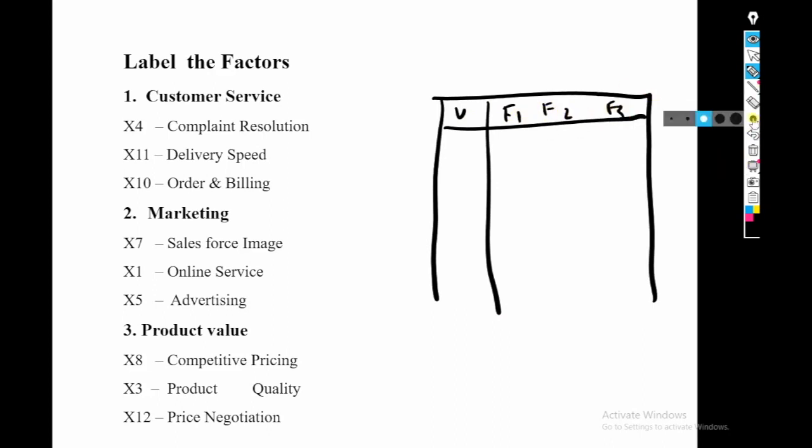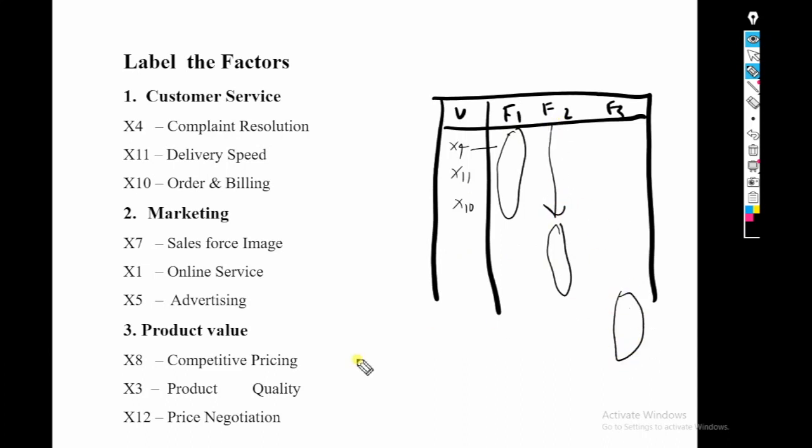The variables x4, x11, x10, these three variables are giving high values under factor f1, another three variables are giving high values under factor 2, and another three variables are giving high values under factor 3. Now we label them.